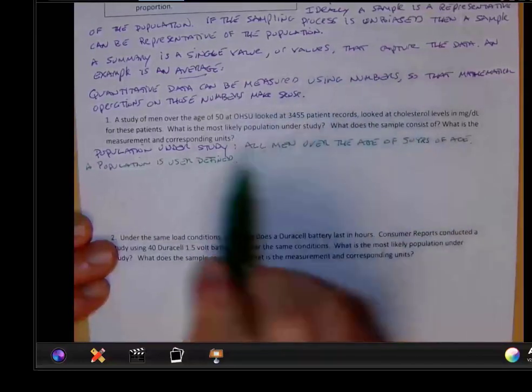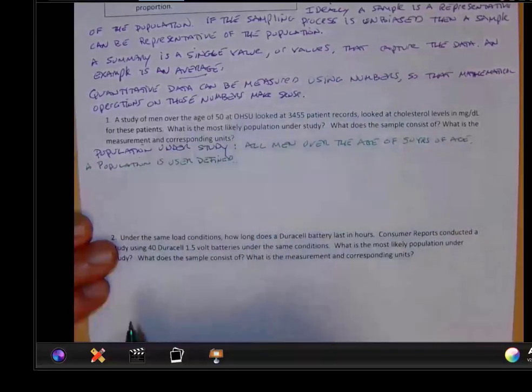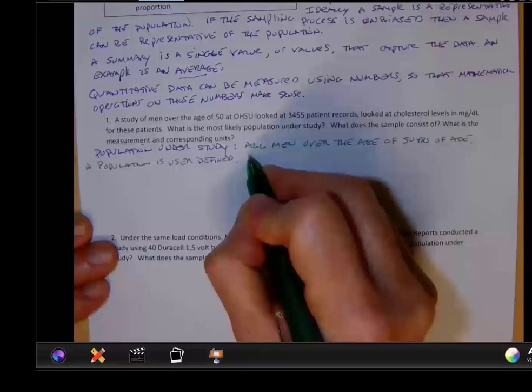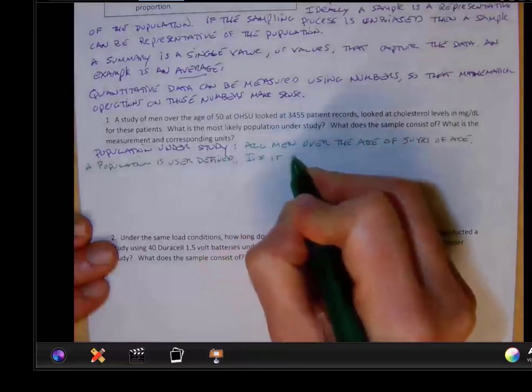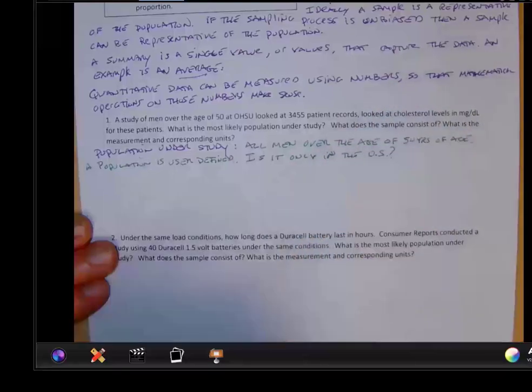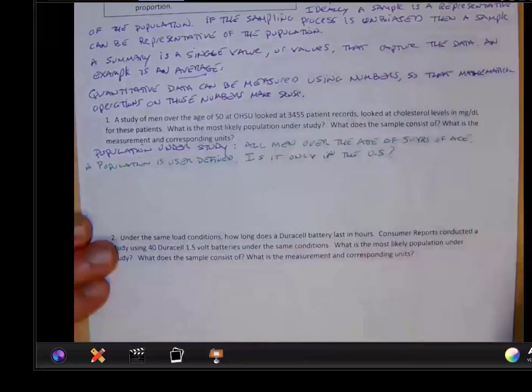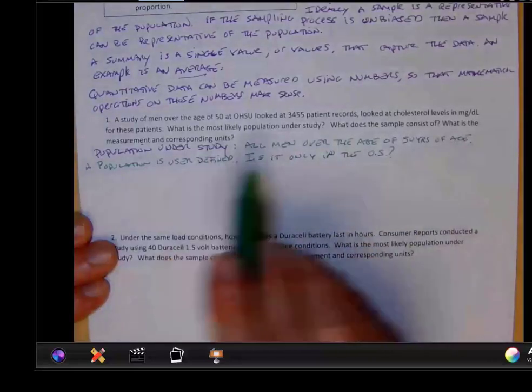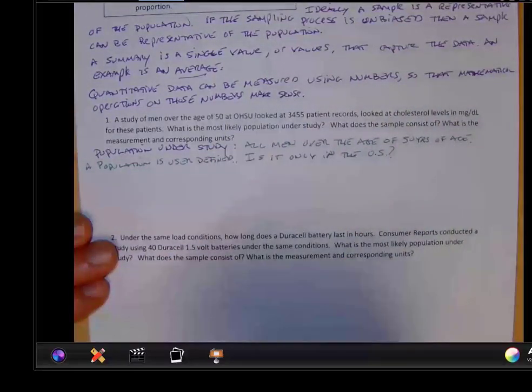For example, this seems pretty clear cut from this description: all men over the age of 50 is the population under study. But let me ask you this. Is it only in the US, as an example, or just a particular region of the US? Who are we talking about? Often it takes a while to really define a population. We're going to keep it simple here.